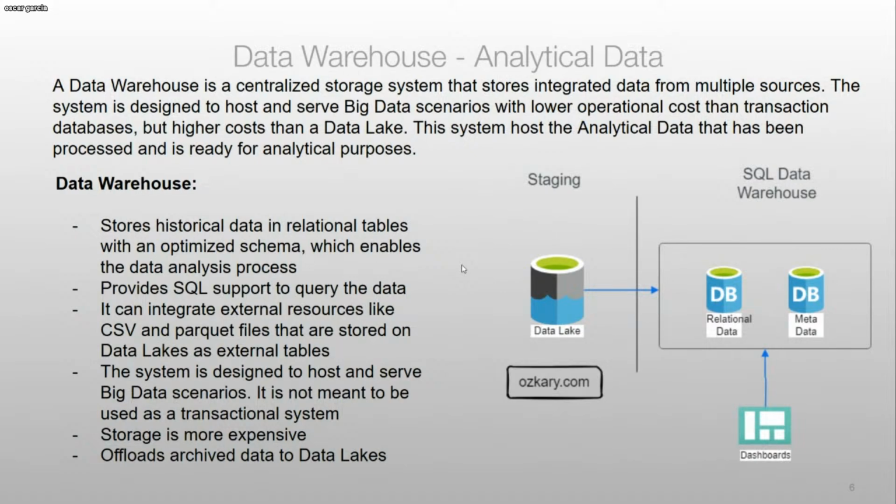And definitely at this point, since you are using a system that also has storage, the cost of a data warehouse is higher than a data lake. So you have to come up with strategies to say what to store in the data lake, what to store in the data warehouse, how to archive the data, and so on, right? That's one of the things we need to start thinking about.